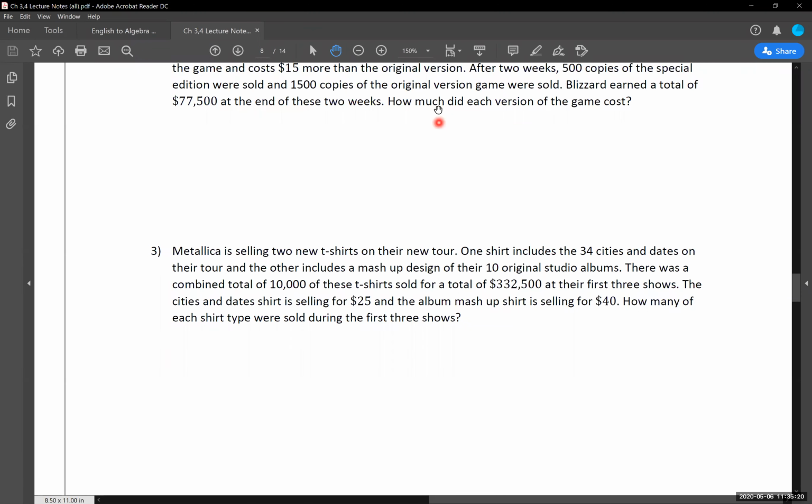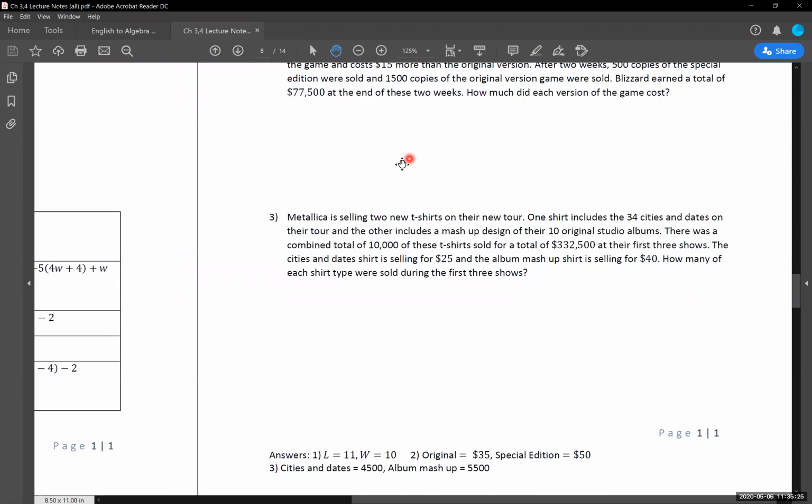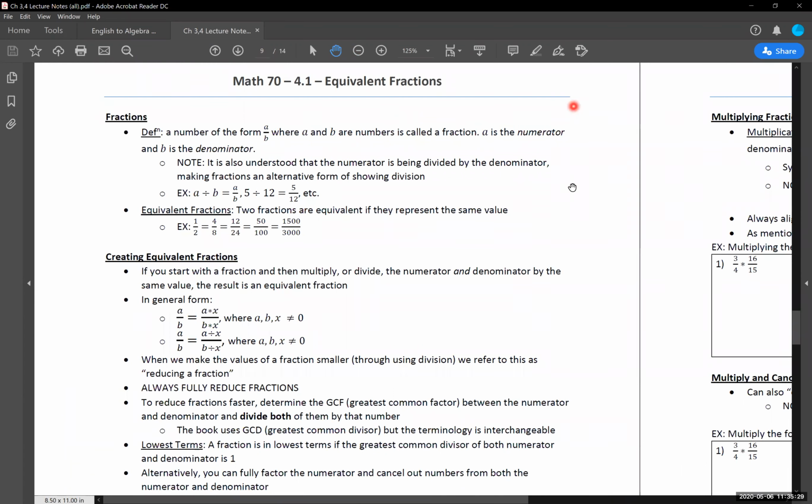So I'm going to move us over to the 4.1 material, which is working with equivalent fractions. A fair amount of this should be review because a lot of this was covered in the Math 62 material. So we're going to go through some quick overviews of fractions, quick thoughts with equivalent fractions, and then I will wrap up here in about 5-10 minutes or so.